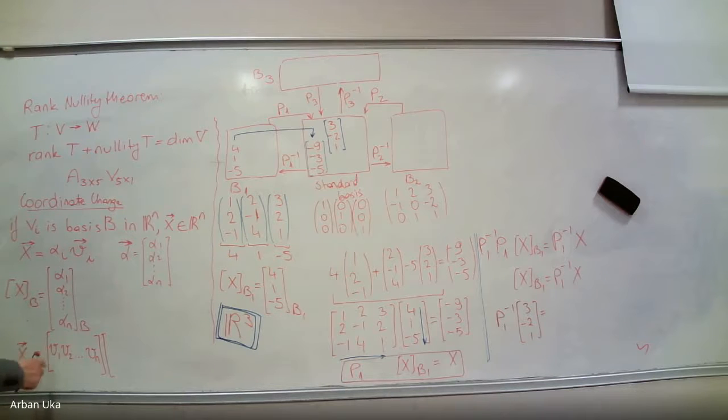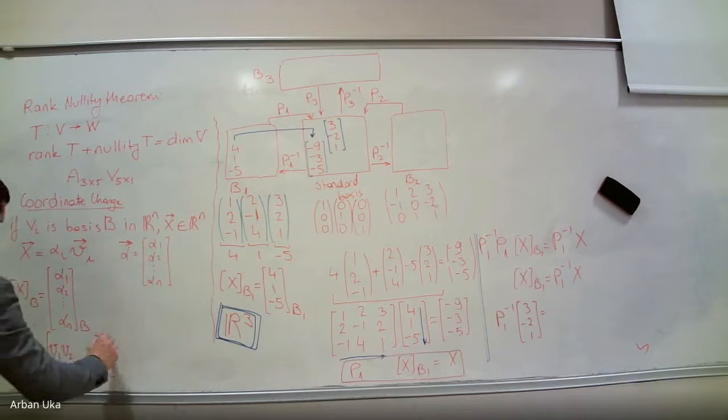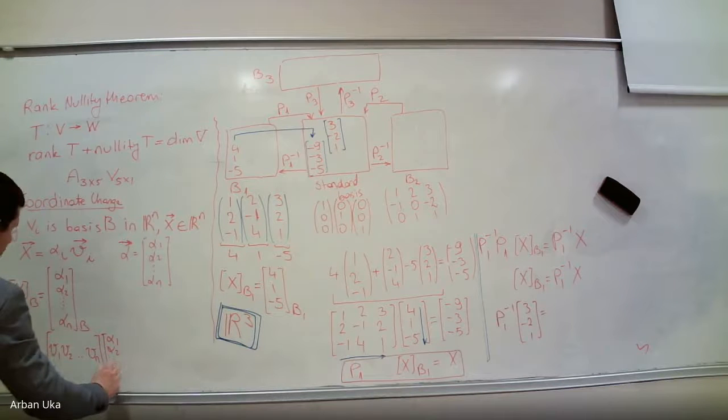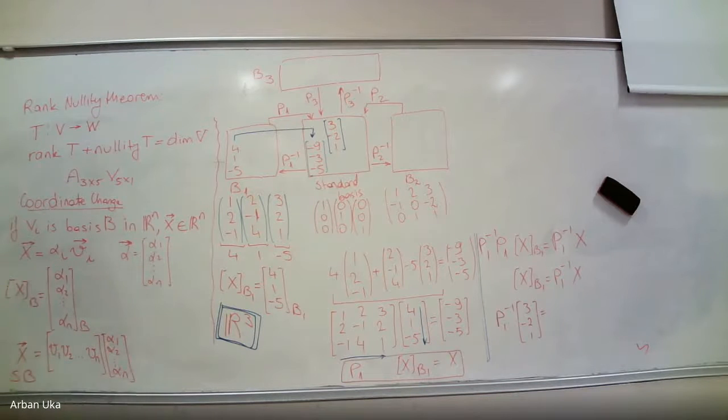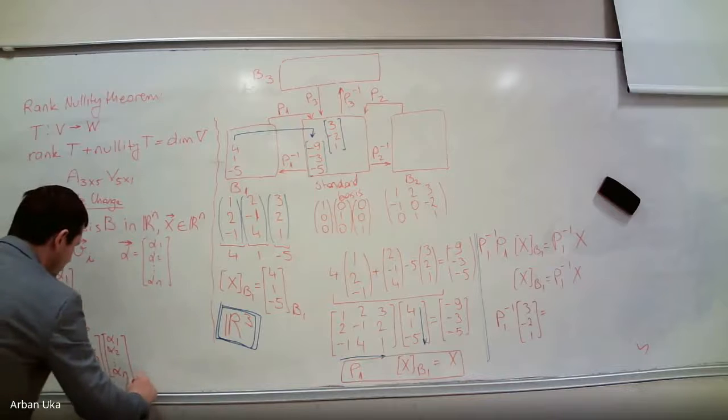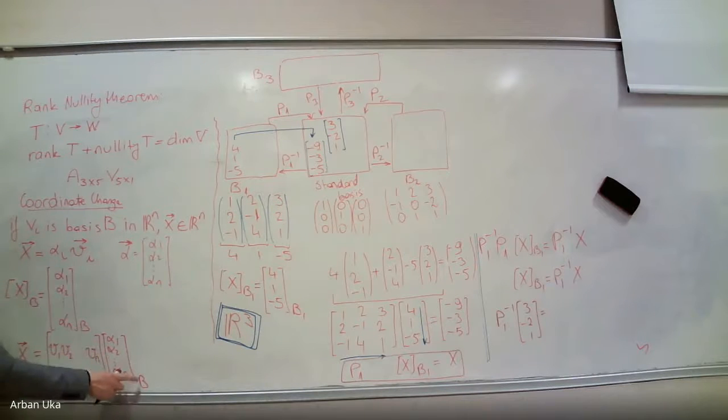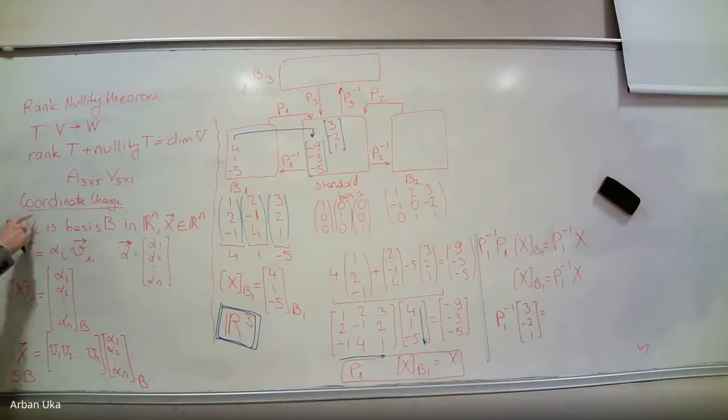These are all columns, put as times alpha 1, alpha 2, and alpha n, but this should be according to the basis B. So these are the coordinates. And let's not forget, the topic of discussion right now is this. We are doing coordinate change, so we want to change these numbers, which are the projections onto different bases.